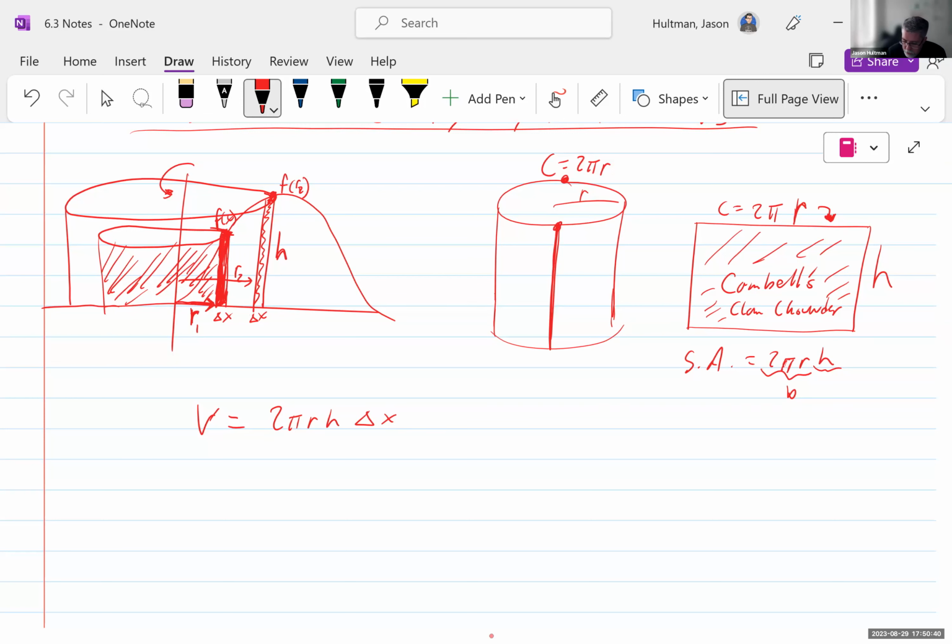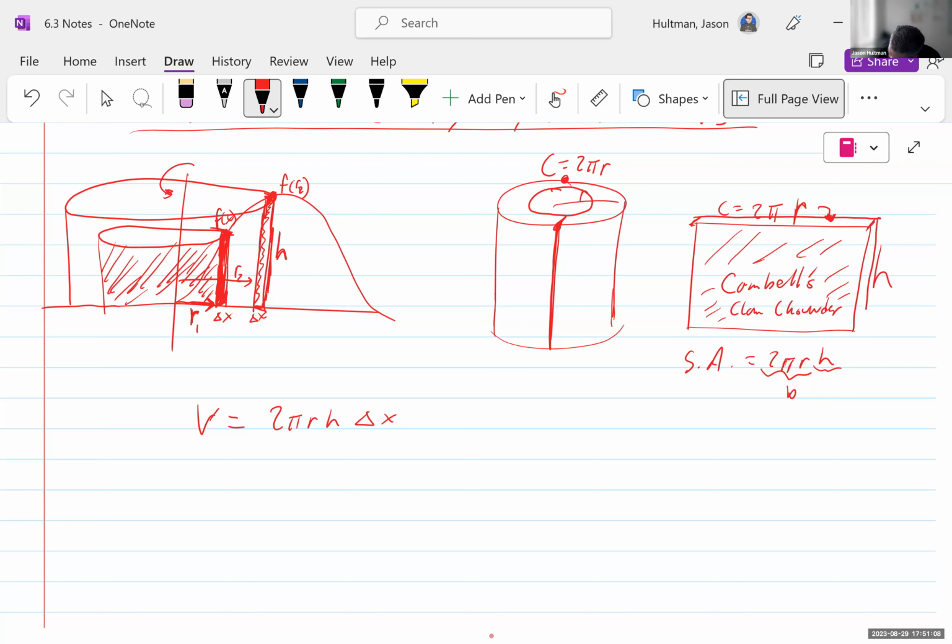And those little widths create a third dimension. Because if we have a defined width for our soup can label, then that creates a third dimension, and that would give me a volume.